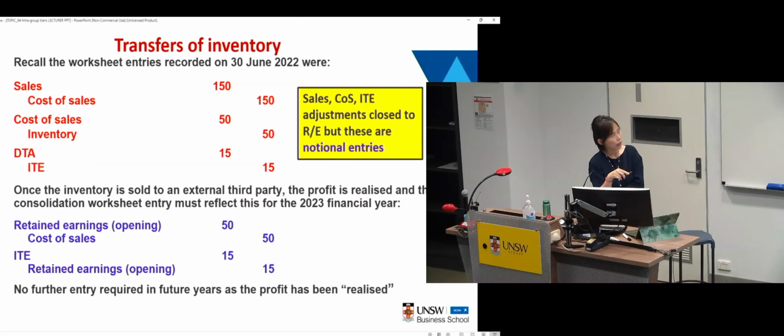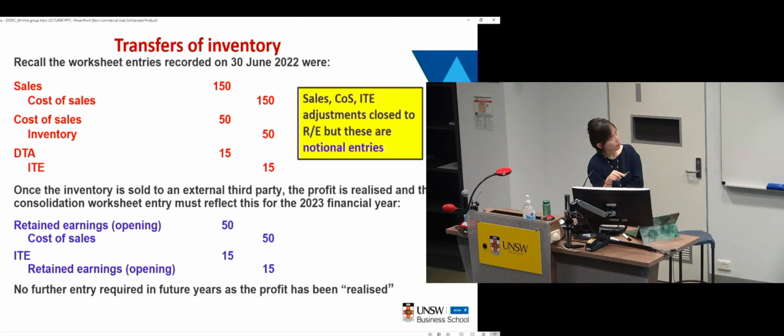They are not real entries. These entries have no impact on the parent's or subsidiary's own record. Because this inventory is still on hand, still within the group, this inventory has a continued effect on the following year's consolidated accounts. That's when you prepare the consolidation worksheet for the year ended 30 June 23, you have to carry over all the prior year adjustments and their effect to the following year.